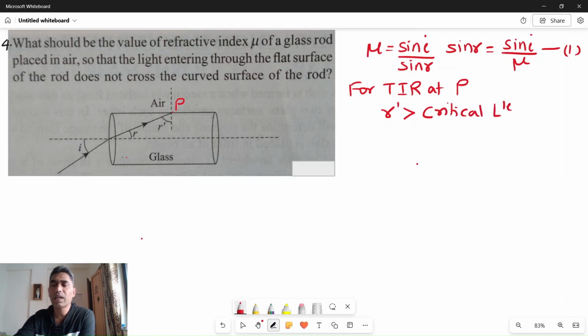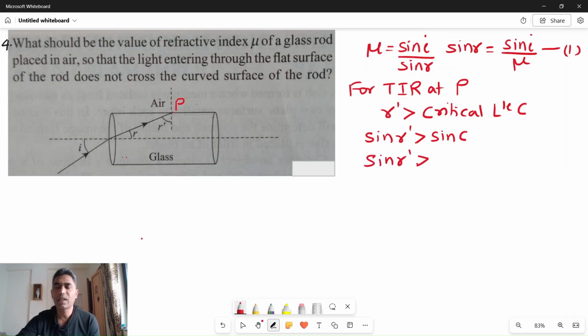We'll call the critical angle C. That means I can also write that sine of R dash should be greater than sine of C. We know that sine of C is equal to the reciprocal of the refractive index of this glass medium. So therefore, I can write sine R dash is greater than 1 upon mu.